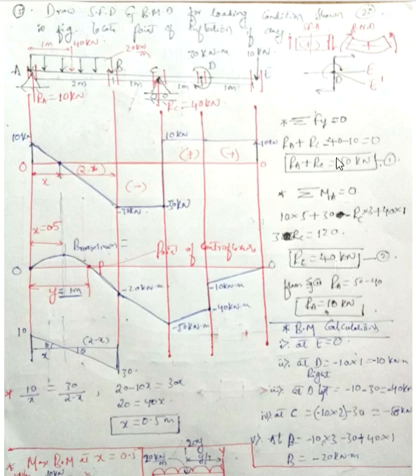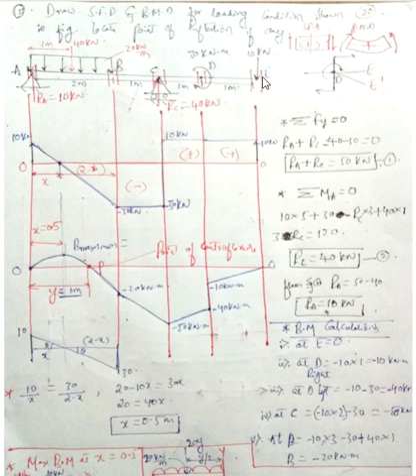Substitute this value of RC here, you'll get the value of RA as 10 kilonewton. Now we will go on to plot SFD and BMD. For that, again I am marking left and right sections at all the force points. I've already explained how to plot SFD and BMD.